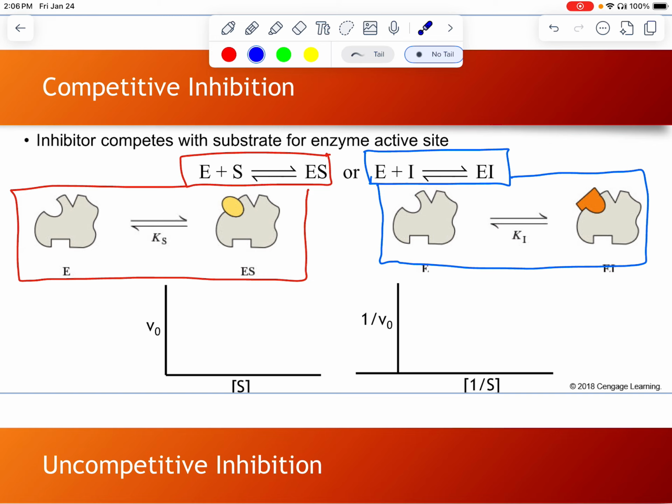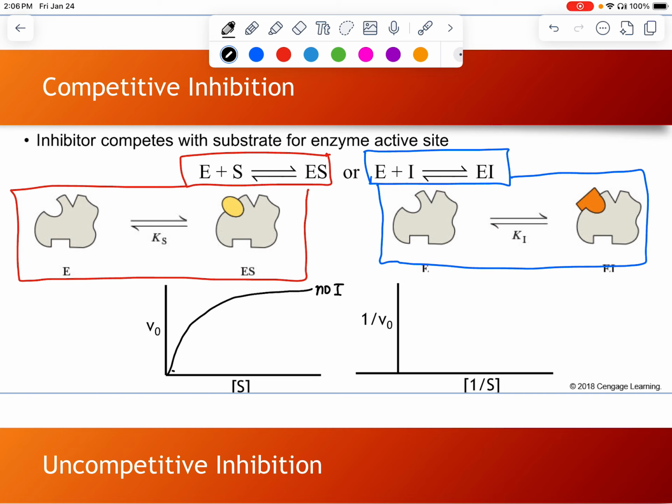All right, let's think about what this would look like, because of course we can't just look and see these molecules, see this bonding. They're not actually orange and yellow. So how do we know if we have competitive inhibition? Well, we're going to look at all that kinetics data. So we are going to come down here, and we've got our velocity versus our substrate, and we know we're going to get that kind of hyperbolic curve. And so this would be with no inhibitor.